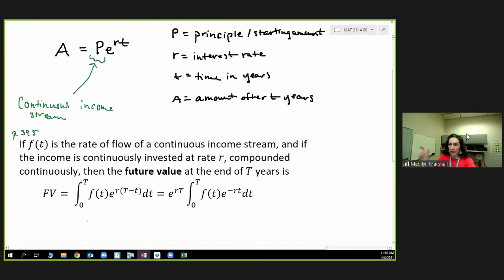So there are two statements here, and really we can use either one. It doesn't actually matter. But the first one matches our normal continuously compounding interest statement the most. So this P of T is like the principal.